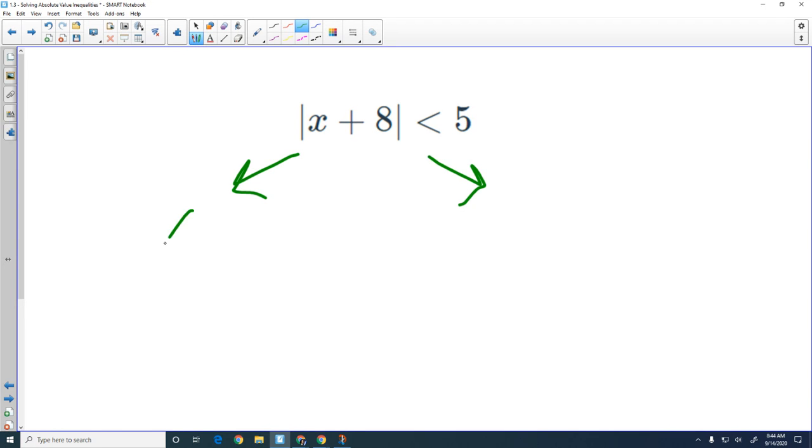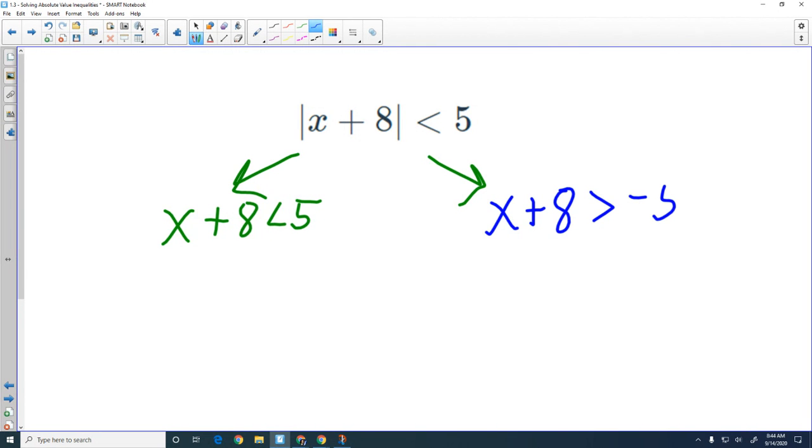First one's going to be the same. x plus 8 is less than 5. The second one, x plus 8, but then you flip two things. You flip the inequality symbol, so it becomes a greater than, and I flip the sign in front of the number. And then we solve each of these separately. So here, x is less than negative 3.